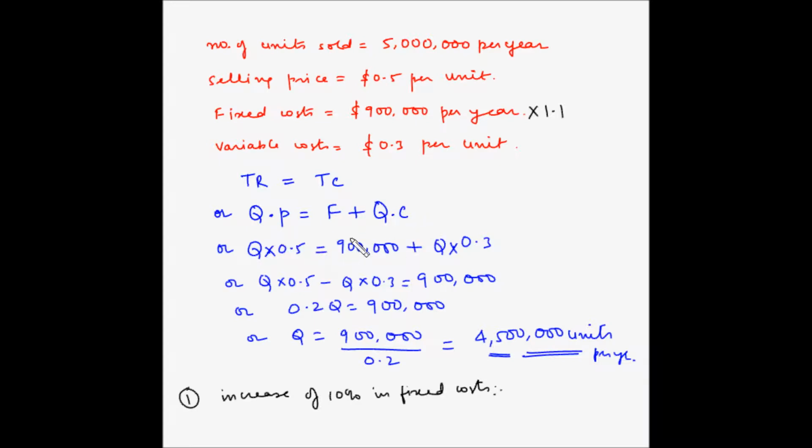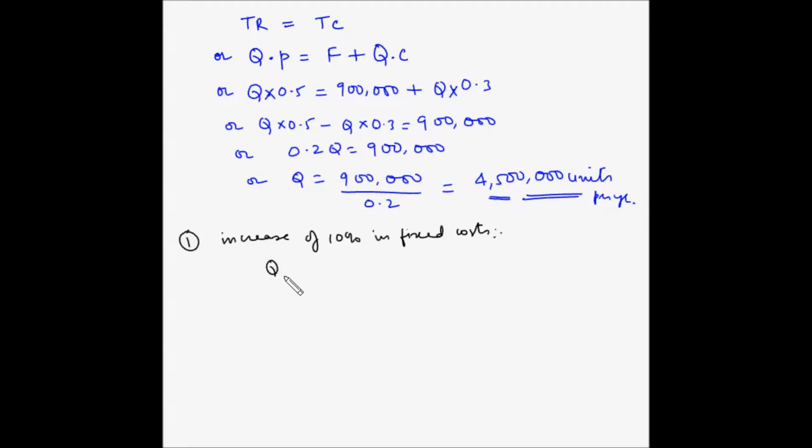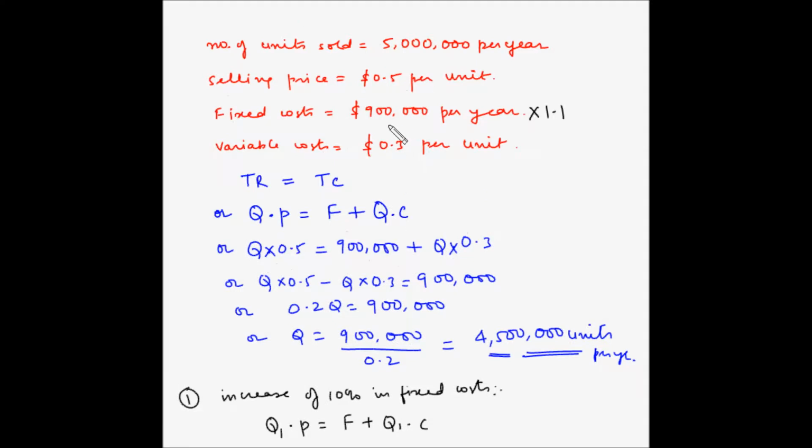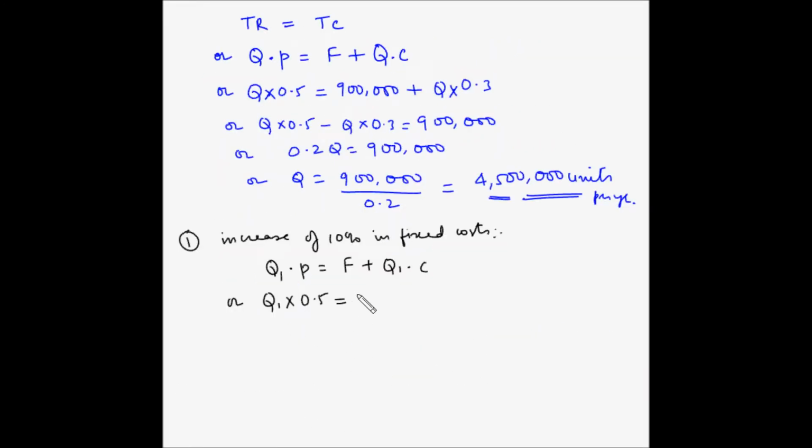So for break-even, the formula remains the same, which is Q, and in this case we'll put as Q1 multiplied by P is equal to F plus Q1 multiplied by C. So Q1 is the new break-even point multiplied by P, which is 0.5, is equal to F, which is now 900,000 multiplied by 1.1 plus Q1 multiplied by C, which is 0.3.